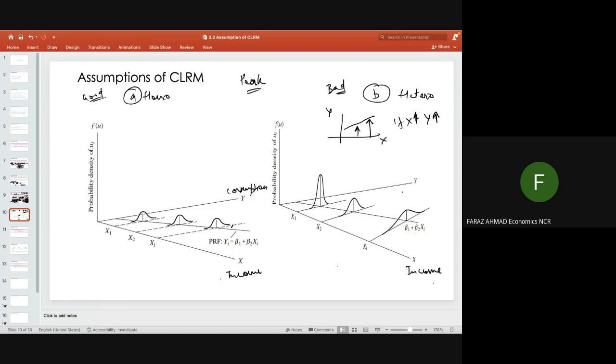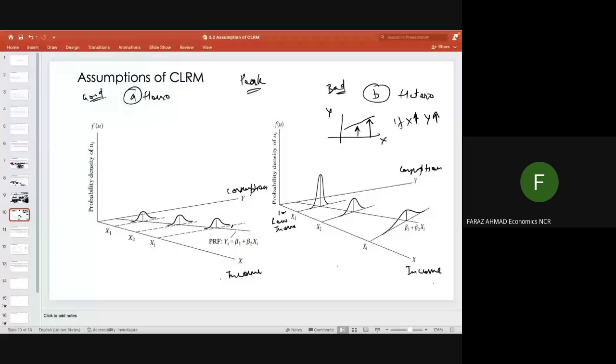That's what this line is telling us. At the same time, people having low income, low x. So we have low income here, low income of 100. And there are people having high income of, say, 500.